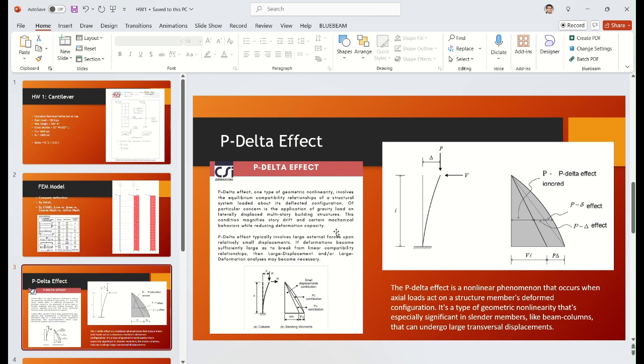Since buildings are getting taller and taller and more slender, obviously when the building is experiencing lateral load, which in our homework 1 is a horizontal force, likely the wind load and seismic, pushing the building, it deflects horizontally. So when you see in the diagram, the building is going to sway horizontally, but you have dead load, right?